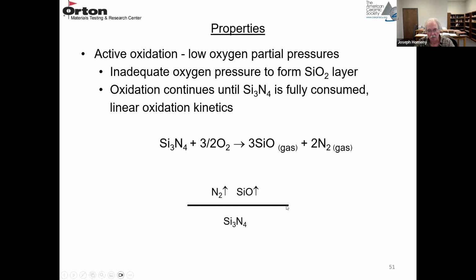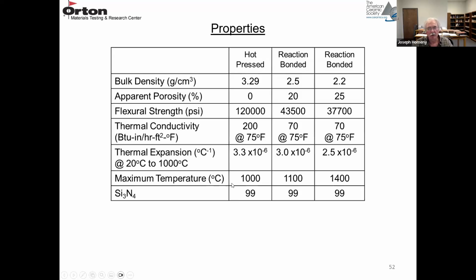No protective layer will be formed. So just like for silicon carbide, oxidation continues until all the silicon nitride is consumed. And that's simple linear oxidation kinetics. So both silicon carbide and silicon nitride have very good properties, except when it comes to oxidation resistance.